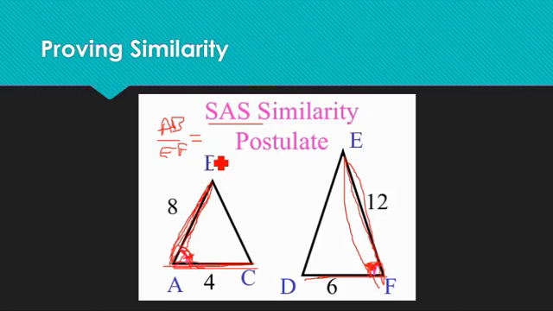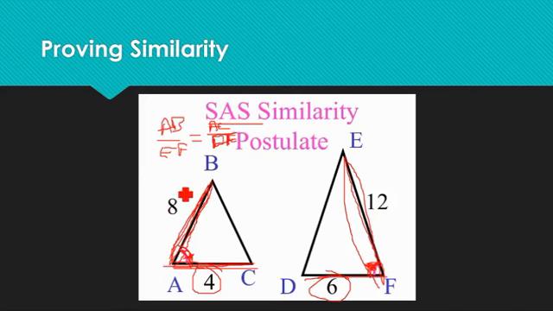And that ratio, if they're going to be in proportion, should be equal to the ratio between AC, which is 4, and DF, which is 6. So that has to be equal to AC to DF. I'm finding the ratio of each pair of corresponding sides, and they have to be equal to each other.